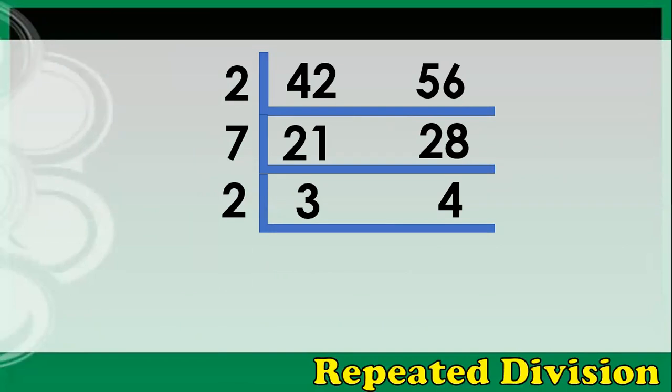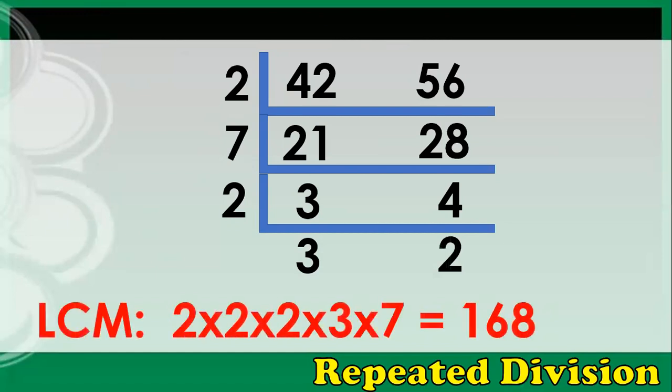So we cannot divide 3, so we're going to bring down 3. 4 divided by 2 is 2. So, the prime factorization is 2 times 2 times 2 times 3 times 7, and we're going to multiply to get the least common multiple of the numbers, that is 168. So, the least common multiple of 42 and 56 is 168.